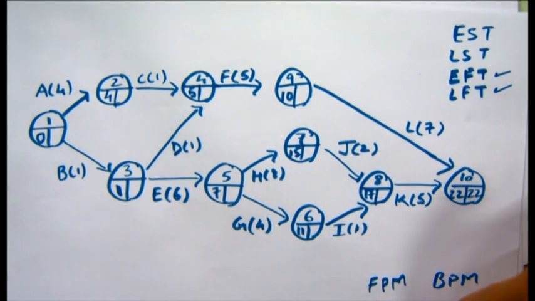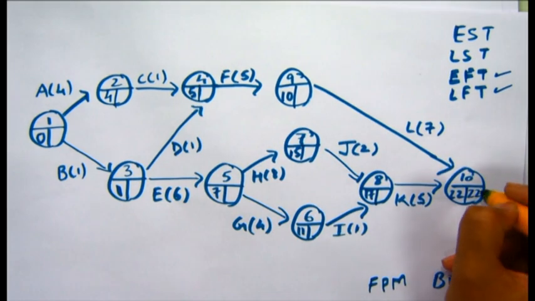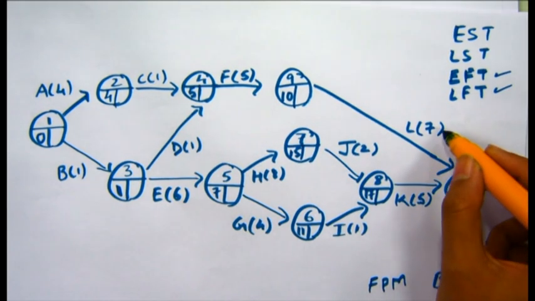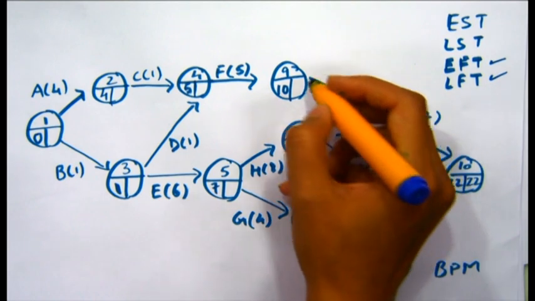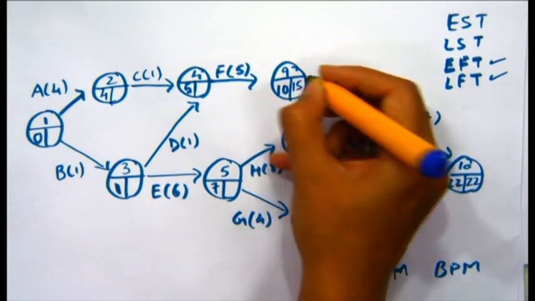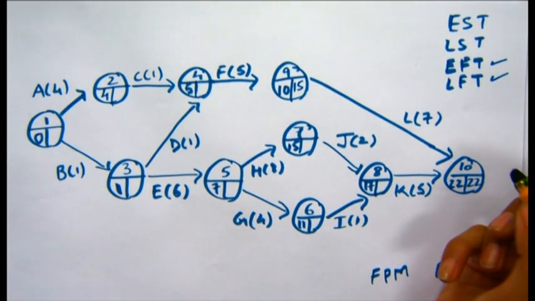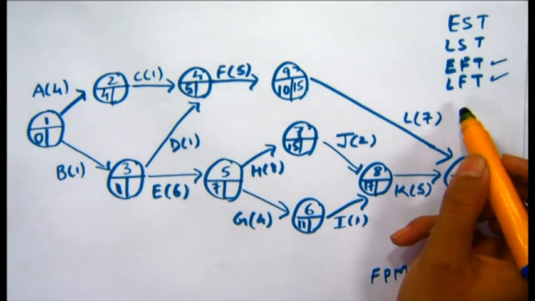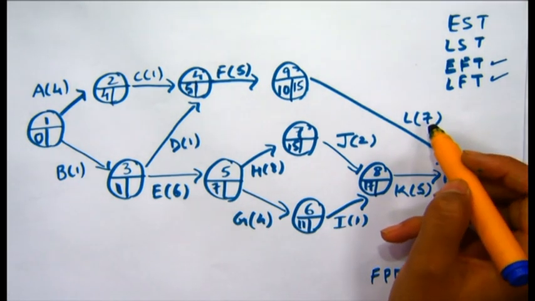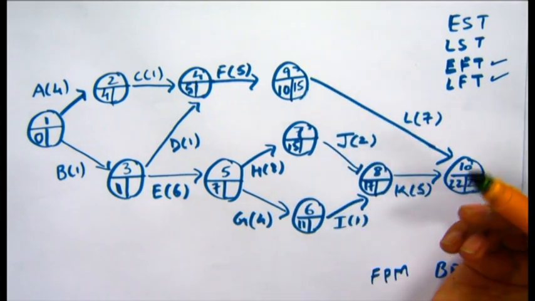Now, moving in the backward path, 22 minus 7 would be 15. So we can write here 15. It means that the latest finish time of activity L is 15 days.